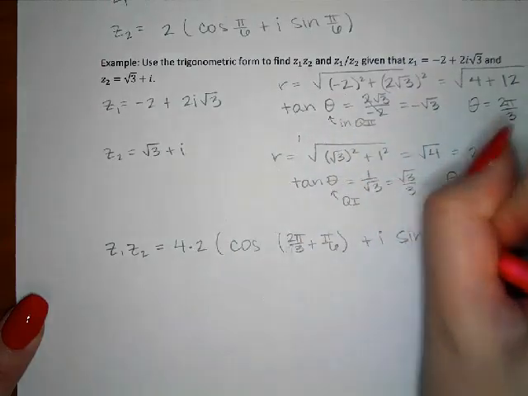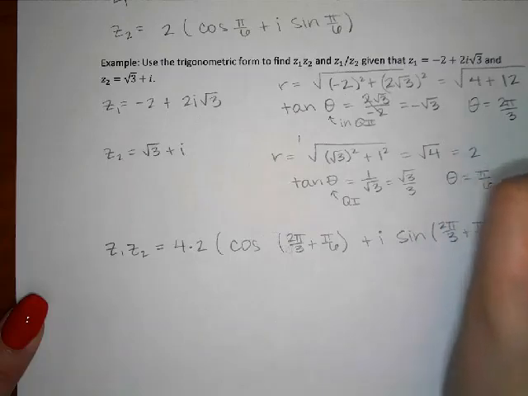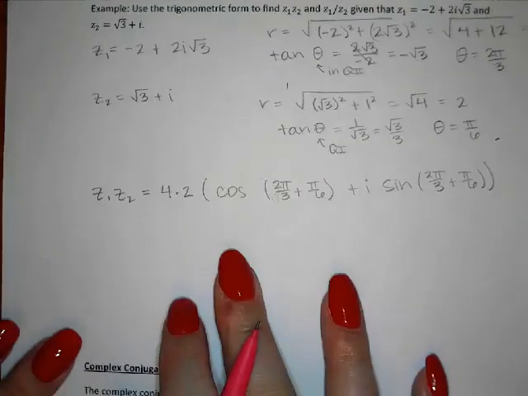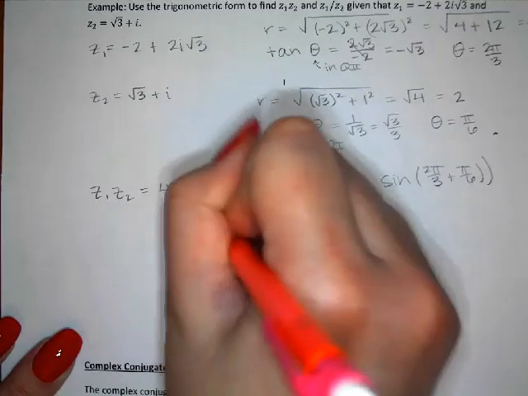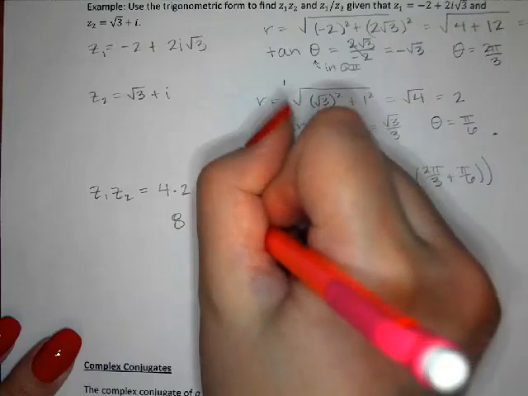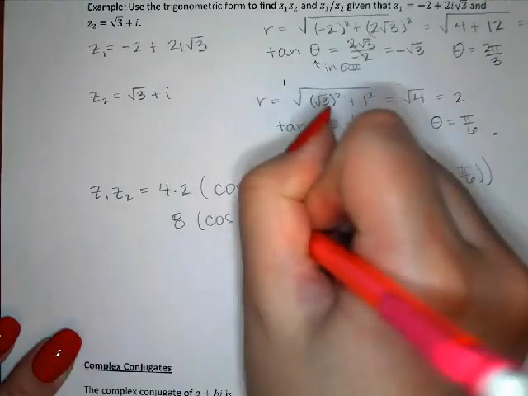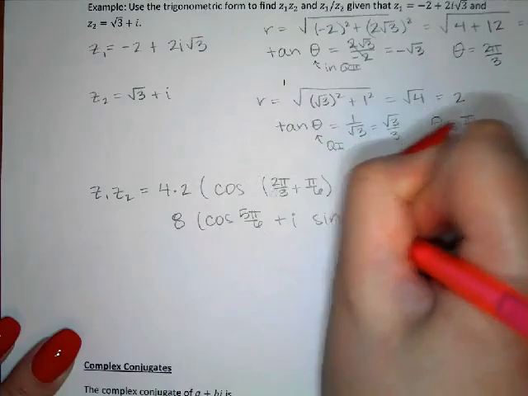So 4 times 2 is 8, and this was cos 5 pi over 6. Okay, so here's our trig form, and we're going to have to write it in that standard form.